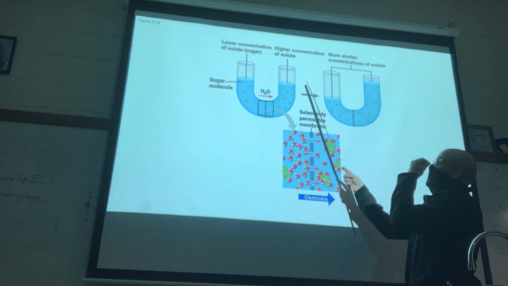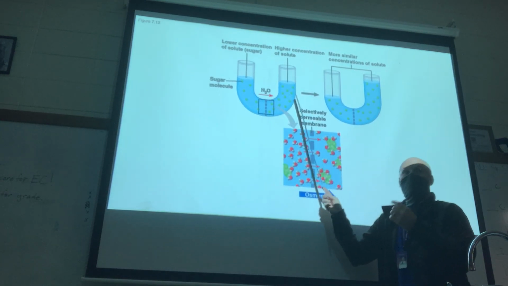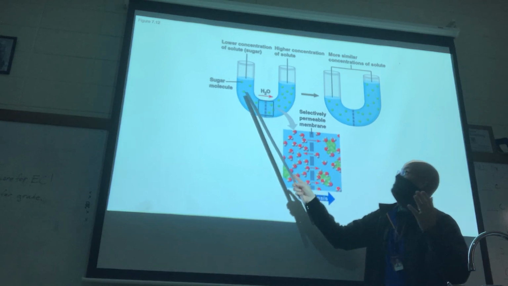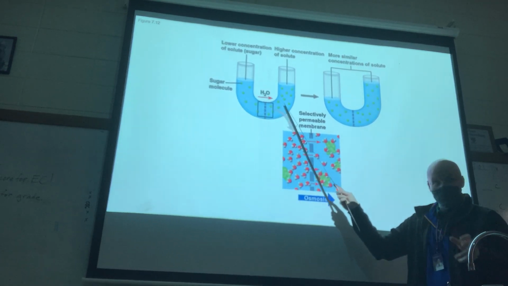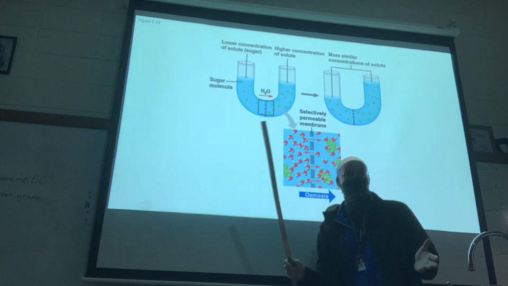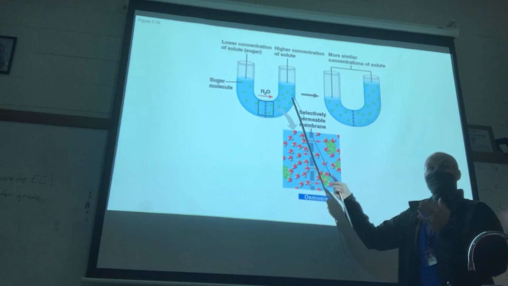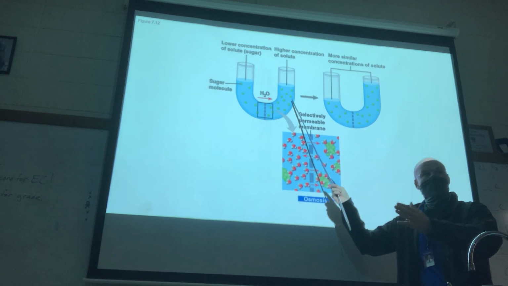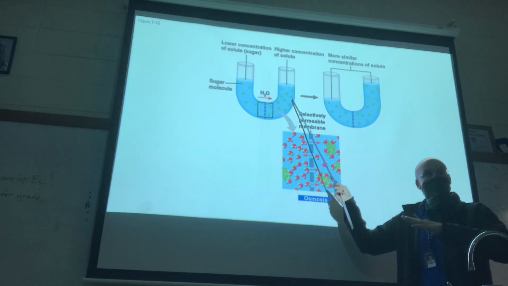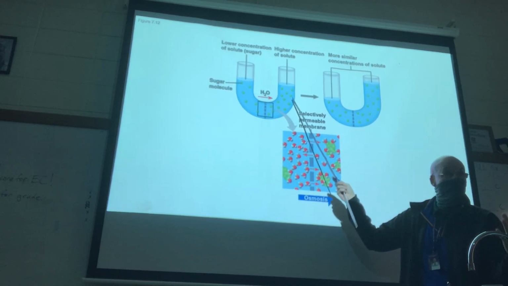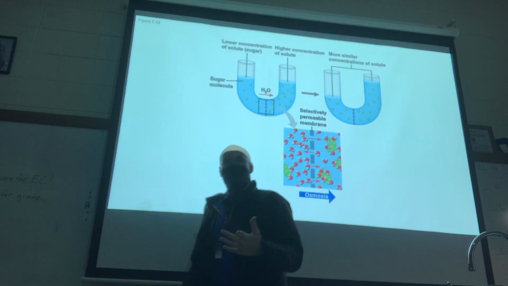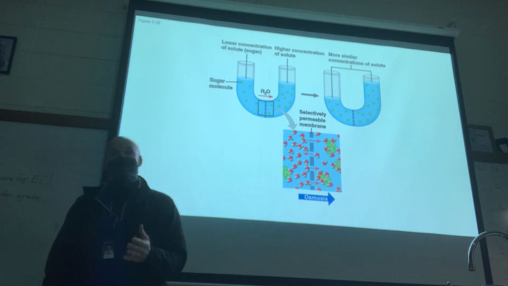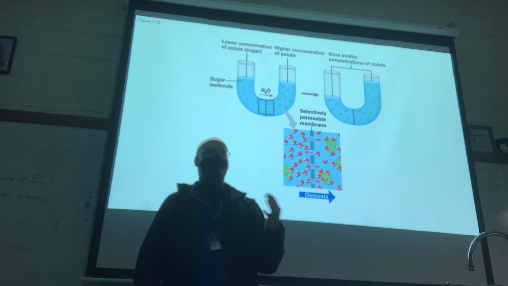So since you have a lot of sugar here, the water still wants to move from high water to lower water concentration. So a high solute really means kind of a low solvent. So sometimes, it's nice to just say, oh, high and low.